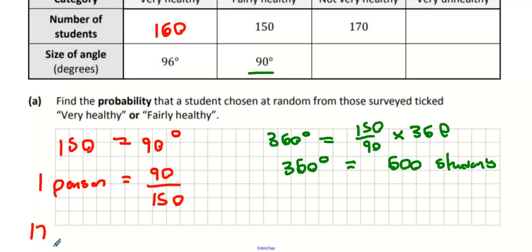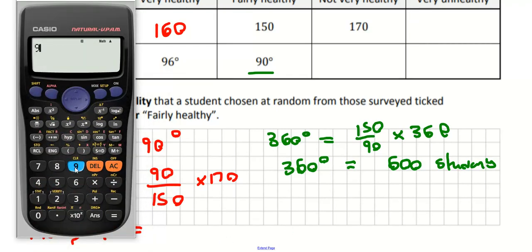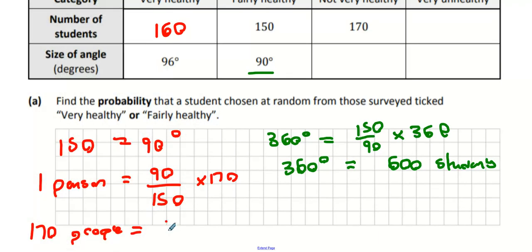So 170 people would be 90 over 150 multiplied by 170, to find out how much angle it's worth. 90 divided by 150 multiplied by 170 is 102. This would be 102 degrees right here.